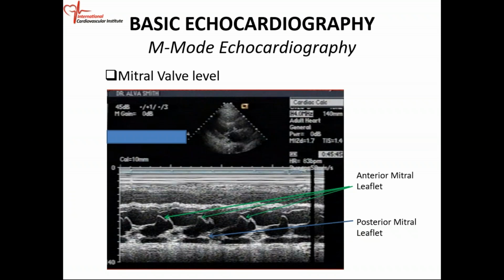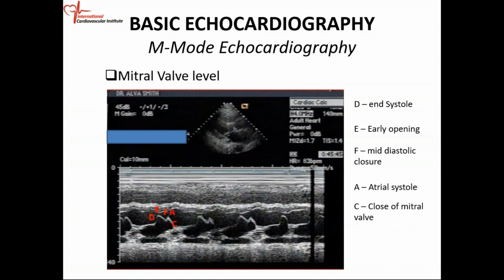But there are specific points on the anterior mitral leaflet that you need to know. Again, the mitral valve opens in diastole and closes in systole. All right, so these are the different points that you need to know.